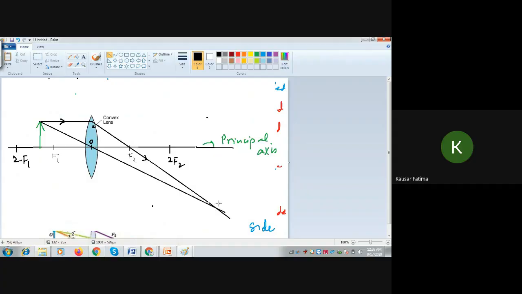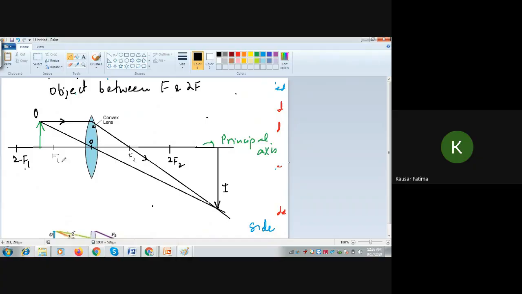So what do you say about the image? It is bigger than the object. We call it magnified. Inverted, real, and forms beyond 2f. This is the image, this is the object. Object between f and 2f.